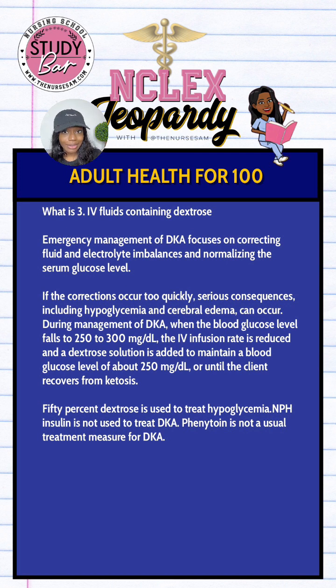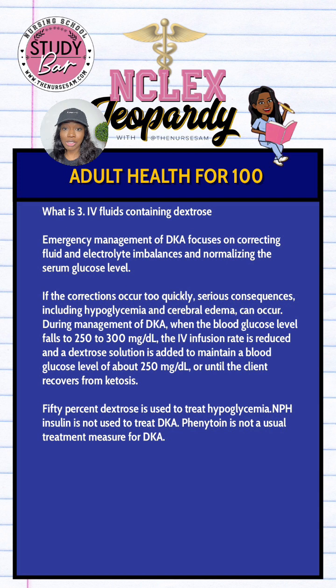If the corrections occur too quickly, serious consequences can occur, including hypoglycemia, which is when your blood sugar drops too low, and cerebral edema, swelling of your brain. Now, during management of DKA, when the blood glucose level falls to 250 to 300 milligrams per deciliter, the IV infusion rate is reduced.